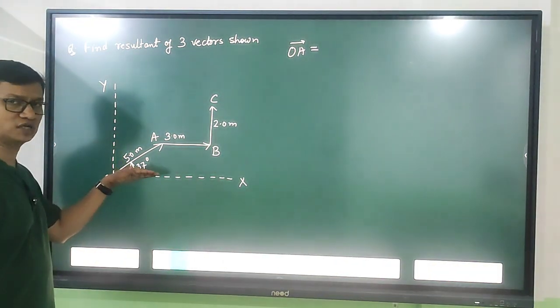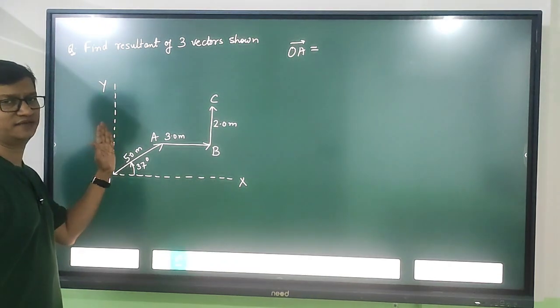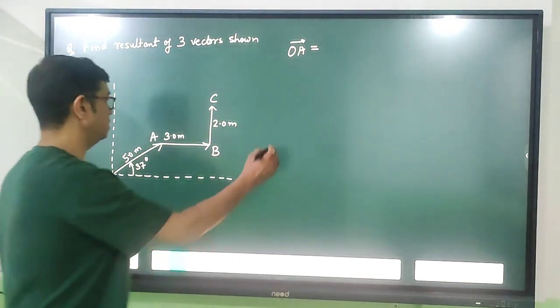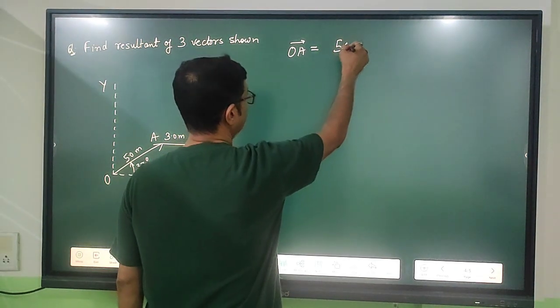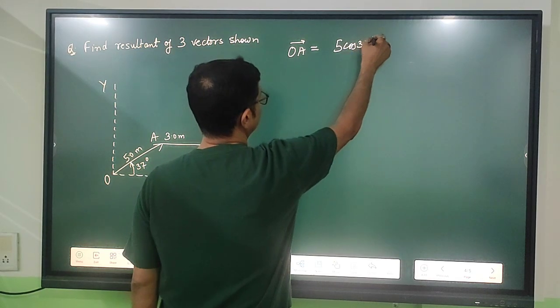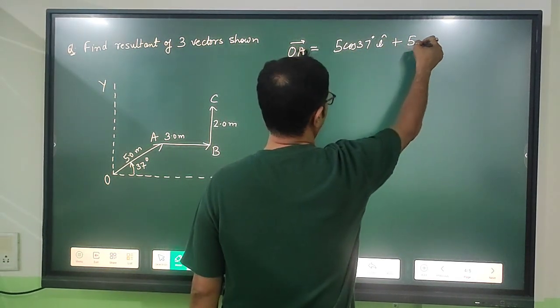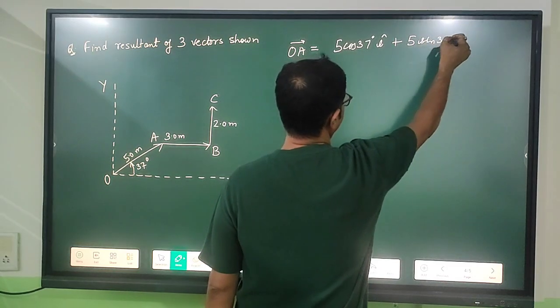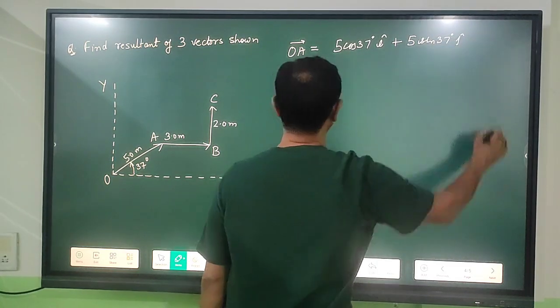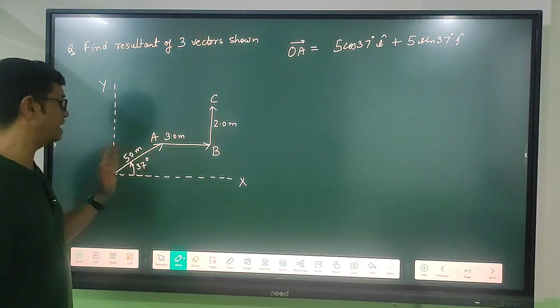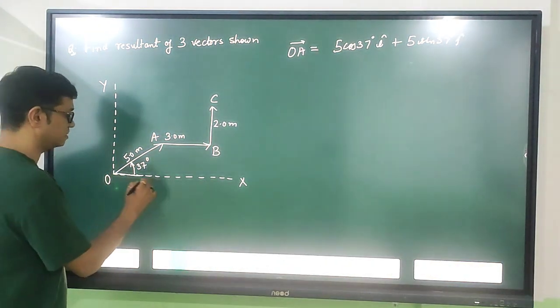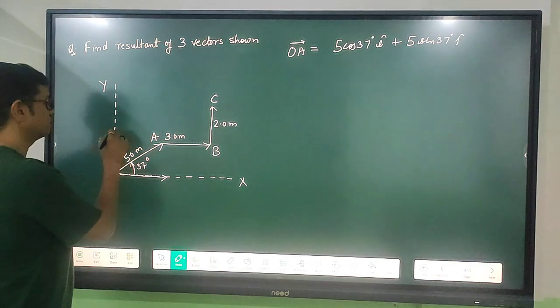So it will have a 5 cos 37 here and 5 sin 37 here. So this will be 5 cos 37 degrees i cap plus 5 sin 37 degrees j cap. You can clearly see it will be plus i cap and this is plus j cap. So this is like this. I have resolved like this.